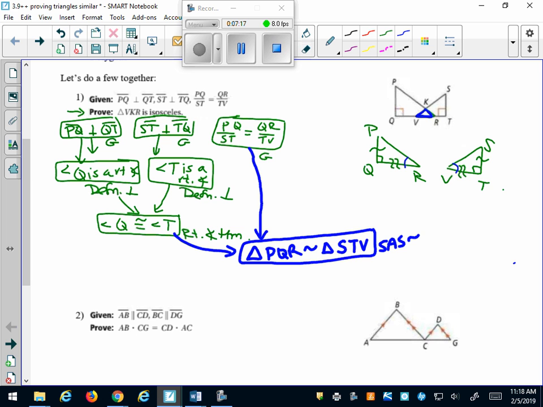Think about what we've proven in this proof so far. So far we've determined that these two triangles are similar. What does that mean? If we know the triangles are similar, what does that mean? Brett?